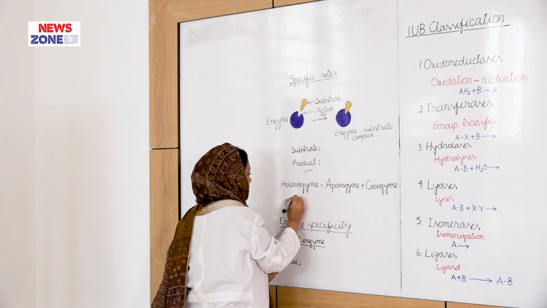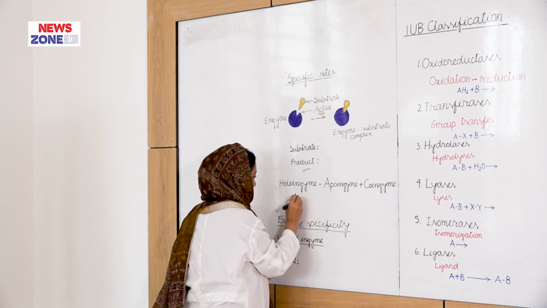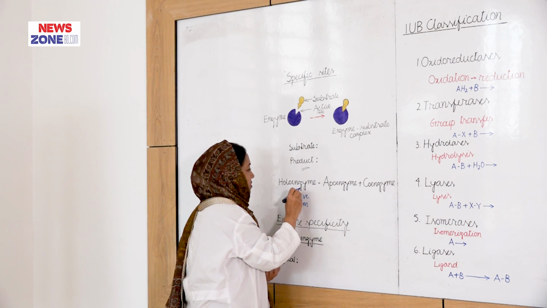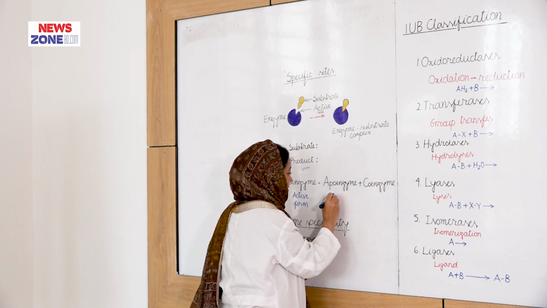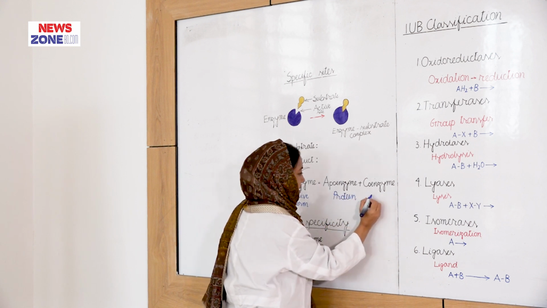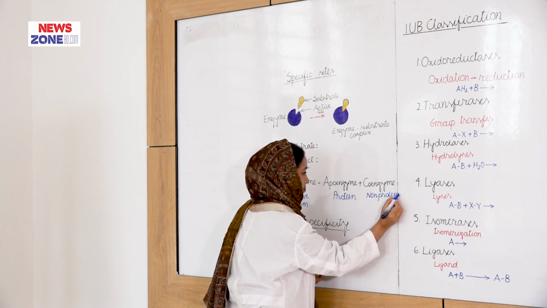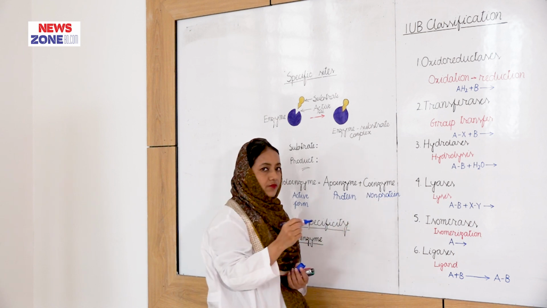This is the holoenzyme. Holoenzyme is the active form of enzyme, or the functional unit of enzyme. It consists of apoenzyme and coenzyme. Apoenzyme is the protein part of an enzyme, and coenzyme is the non-protein part, and usually it derives from water-soluble vitamins.